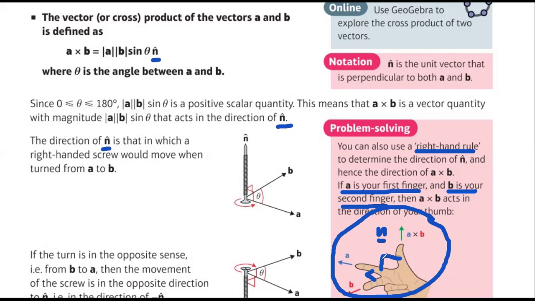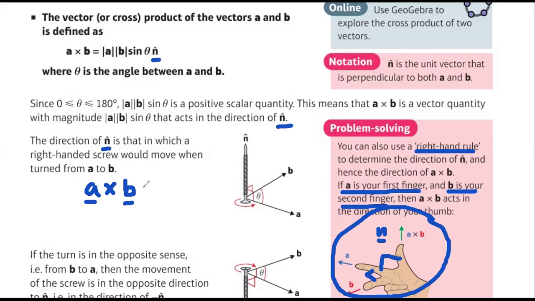Then the thumb direction is equal to vector n or A cross B, like this. You can use this one if you want to find A into B.